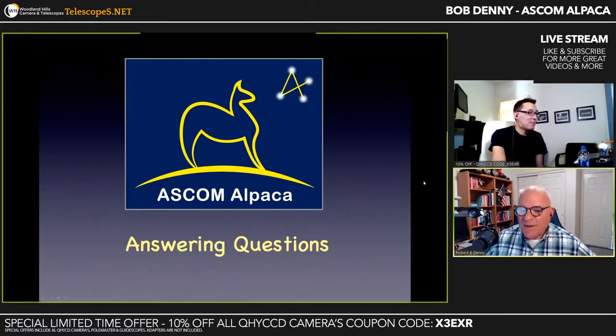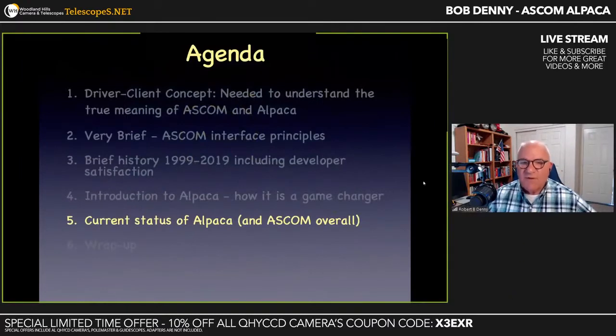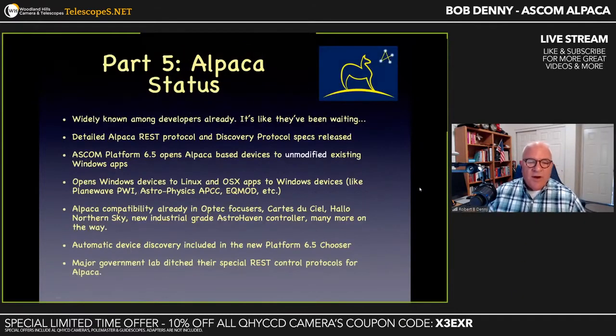That's okay. Let me give you a status update on Alpaca. We kind of went over some of this already, so this is good. It's well known. It seems like people just know it, and a lot of people were spring loaded for it. They already wanted something like this.